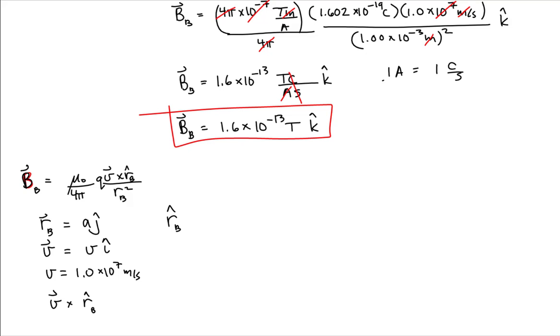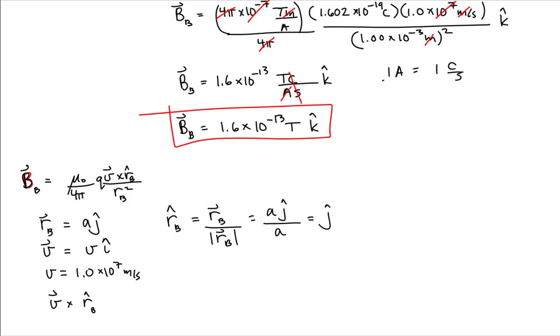The unit vector is equal to our vector over the magnitude of our vector, where our vector is a j hat. The magnitude of this vector is a, so the unit vector is along the y-axis, j hat.